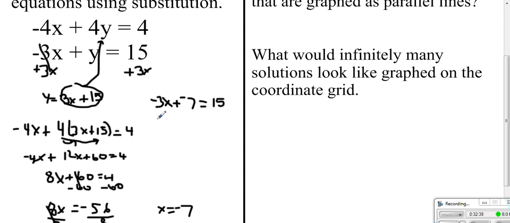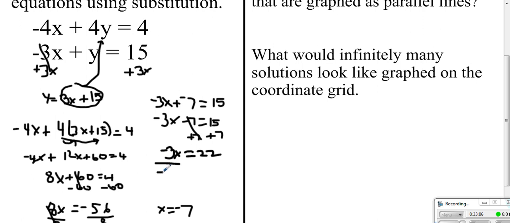So you could rewrite that negative 3x minus 7, because that's what it is. It's 15. Plus 7. Plus 7. Equals 22.